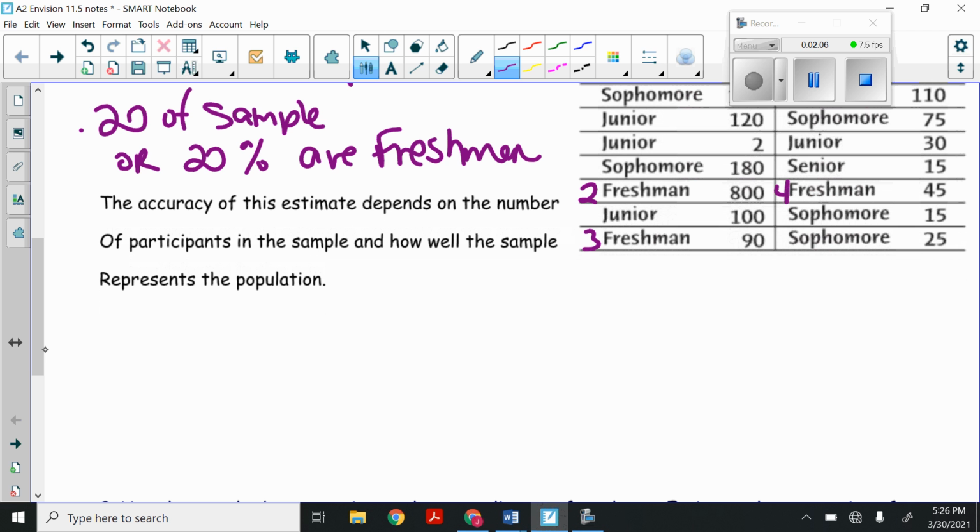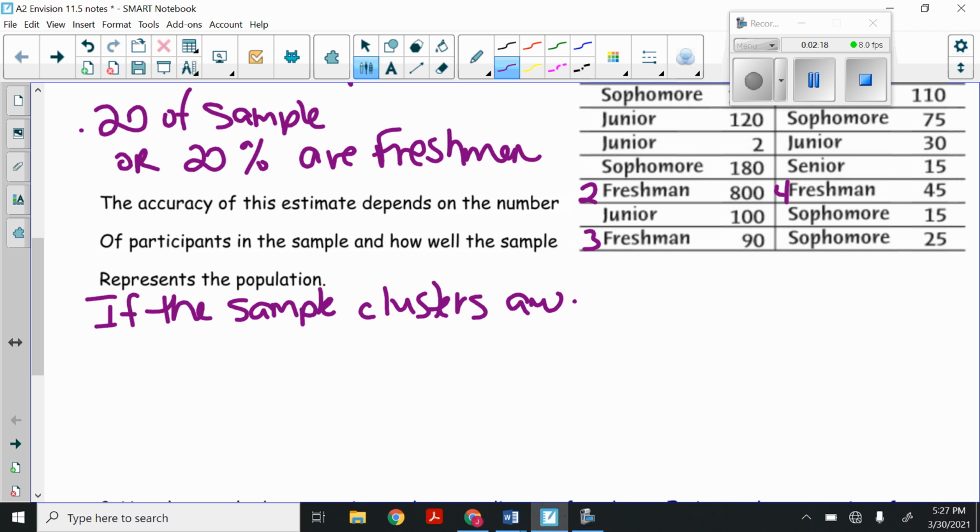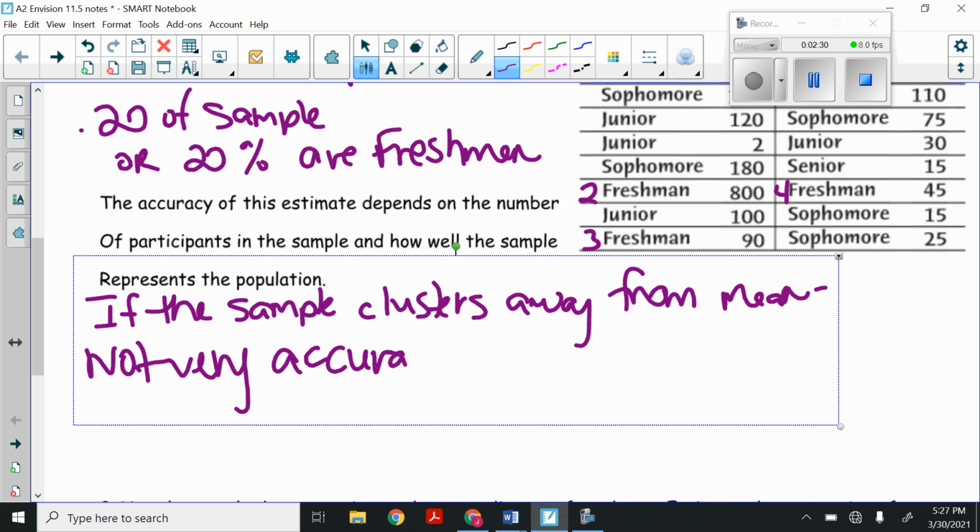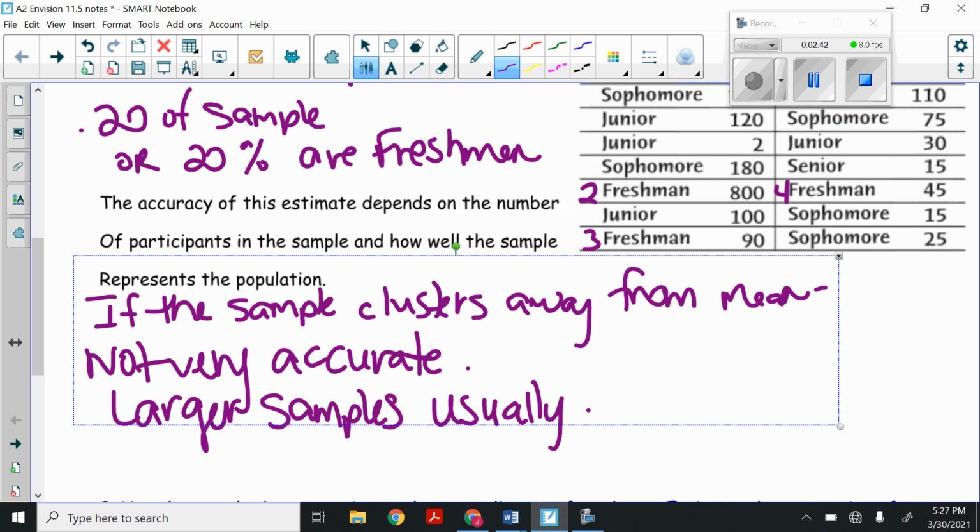If the sample clusters away from the mean, then it's not very accurate. Larger samples usually provide more accurate estimates.